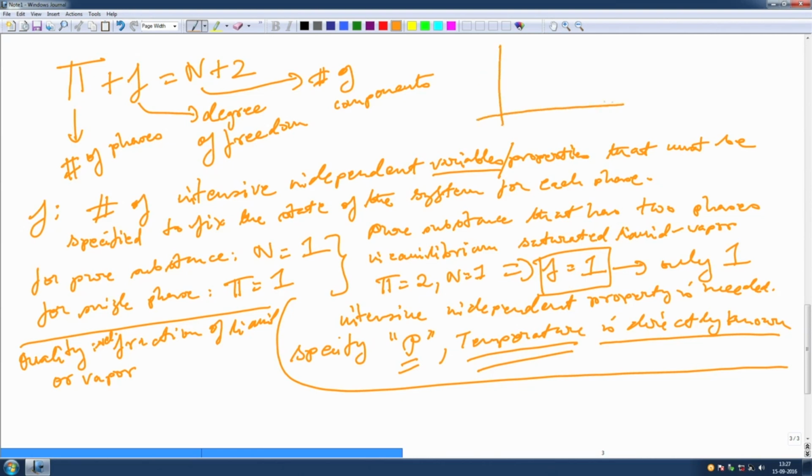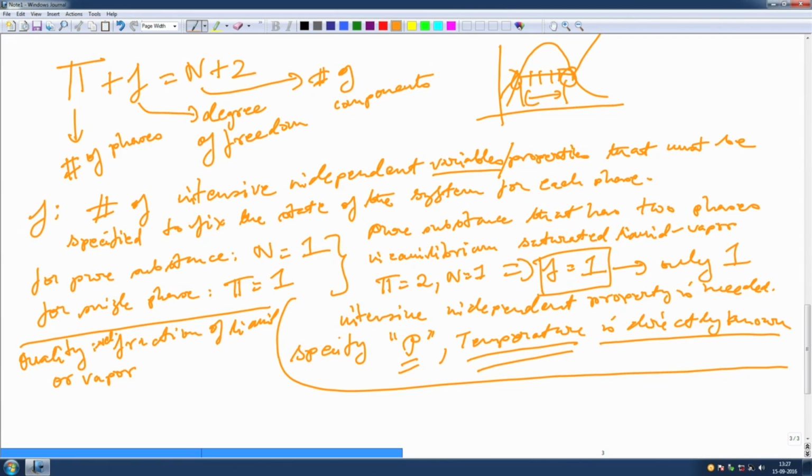So, if you look at it basically in a chart like this, this is the portion that you all know is basically the two phase region. Now, in this two phase region, as you can see, the pressure and the temperature are interrelated to each other, but however, as you move from this side to that side, the quality actually changes. There is less amount of water vapor to more amount of water vapor.